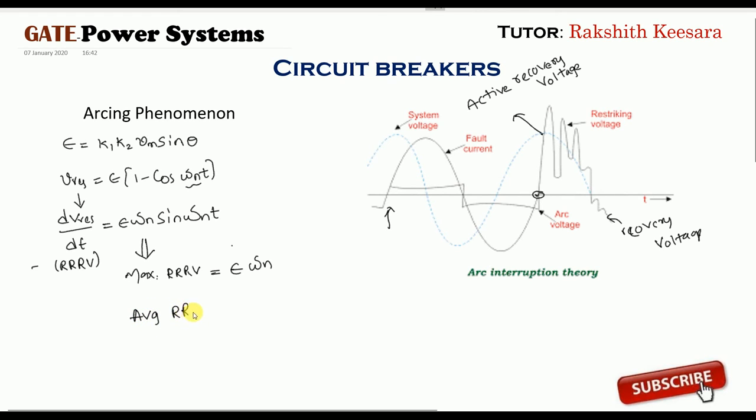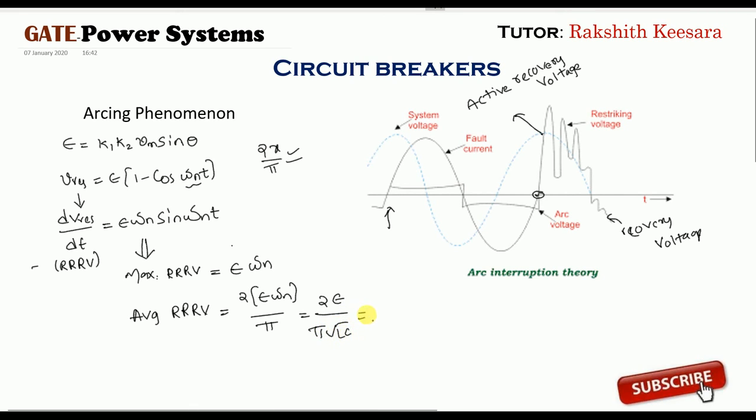And the average rate of rise of restriking voltage will be, for a sinusoidal waveform, if x is the maximum value, the average will be 2x by pi. I hope you know this. Here E omega n is the maximum value, so the average will be 2 into E omega n by pi. I can also write this as 2E by pi root LC.